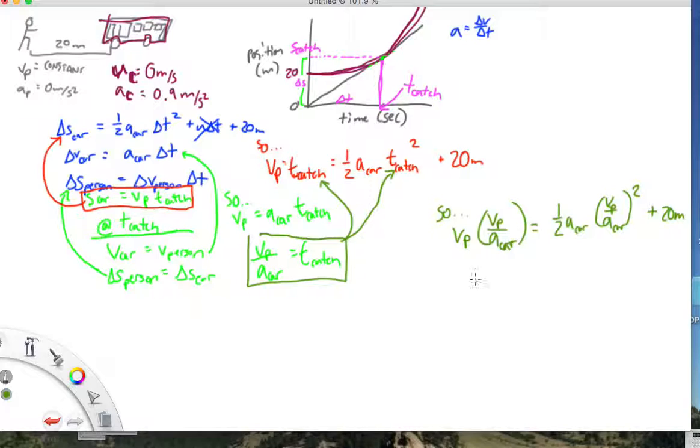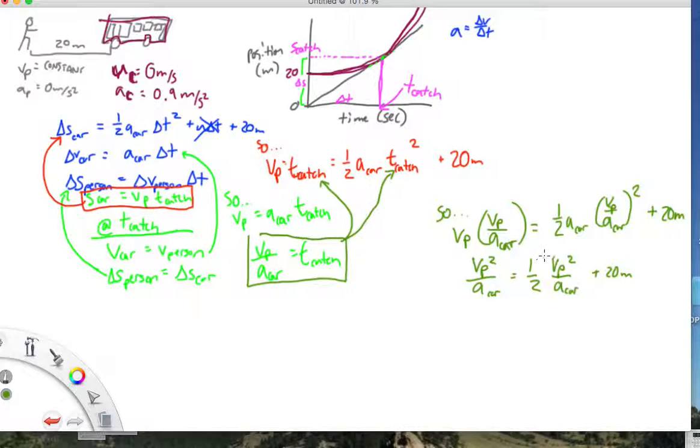Now we have to use some algebra. So multiply this term by this term, you're going to get VP squared over a car equals 1/2. Now I'm going to distribute this a car to this, and if you do the algebra right, I hope you're doing the algebra right, it's going to be VP squared over a car plus 20 meters.